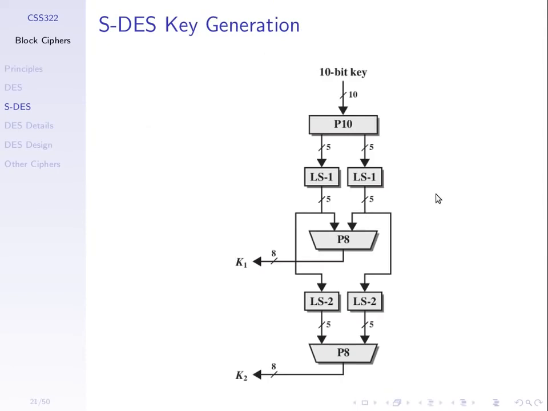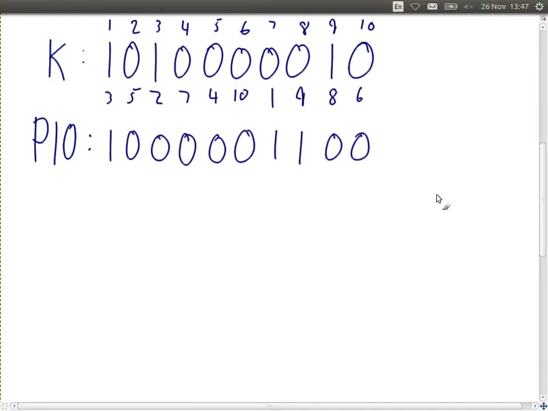So the 10 bits that come out, we're at this position. We treat them as 2 halves and do a left shift on each half, left shift by 1 position. So you split them into 2 halves now.